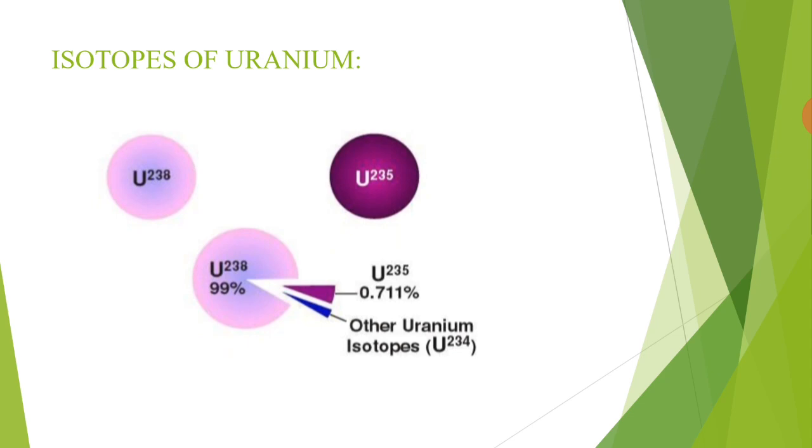Uranium 234 is rare. Natural abundance of uranium isotopes: uranium 234 is 0.006%, uranium 235 is 0.71%, and uranium 238 is 99%.